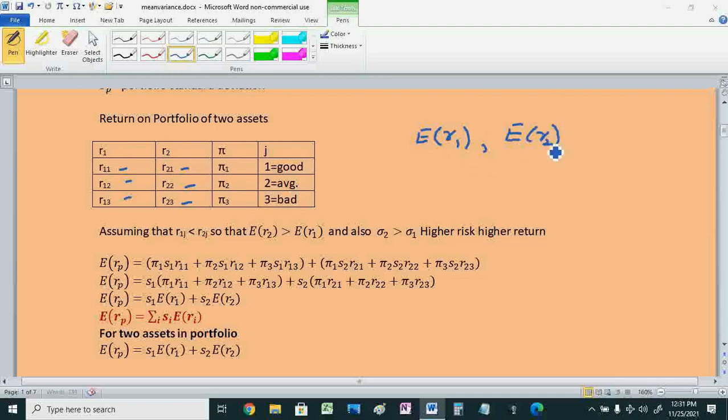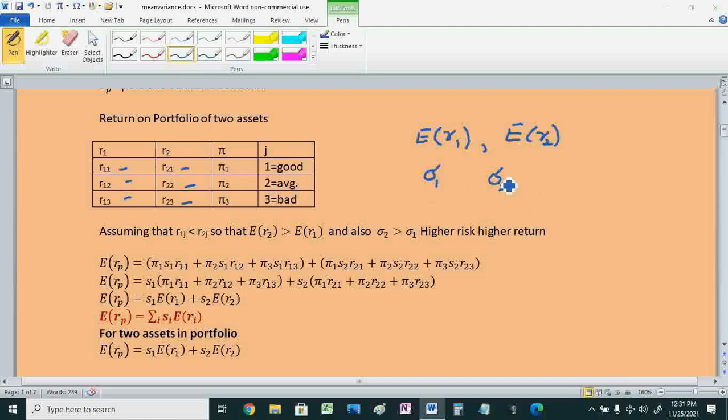Similarly, if we compute the standard deviation using the previous discussion on asset 1 and asset 2, we will be getting sigma 1 as the standard deviation of return on asset 1, and sigma 2 as the standard deviation of return on asset 2.